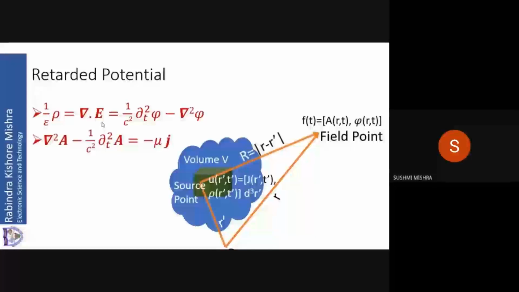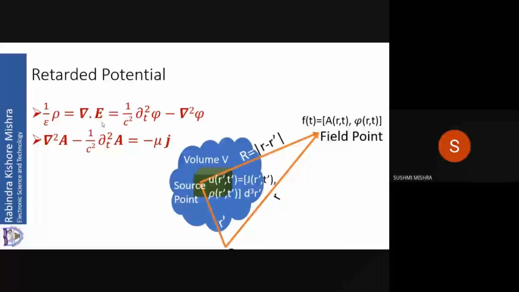Therefore, if we are observing the disturbance or the effect at a point r, then the cause has been at a point r dash. So r dash is the source, r is the observation point, and their relation is through the retarded potential or retarded time.